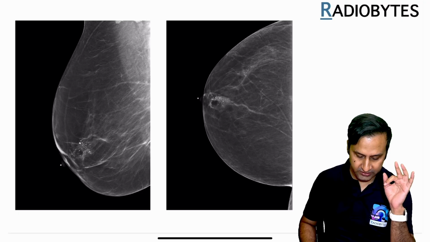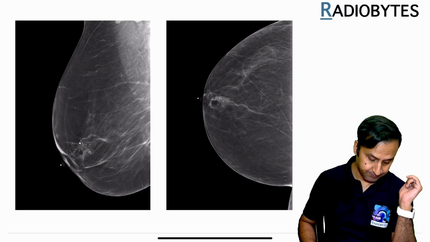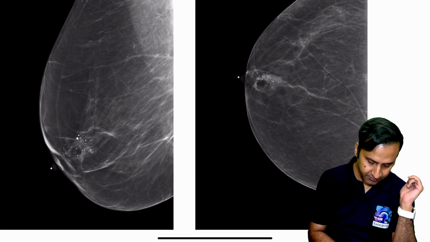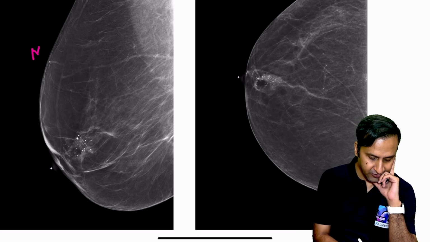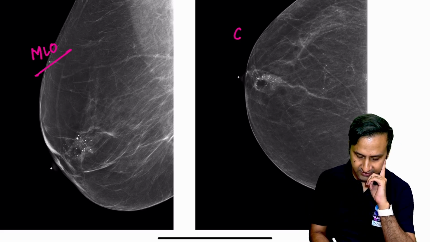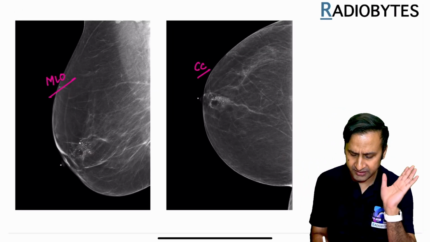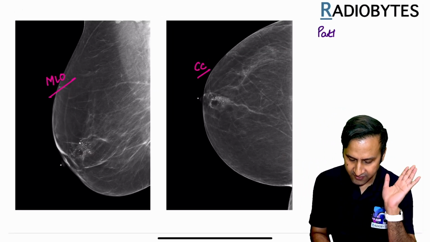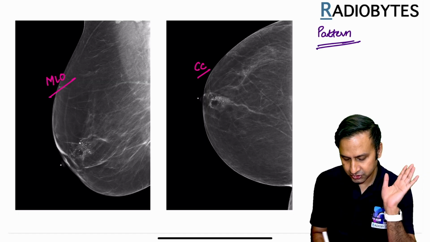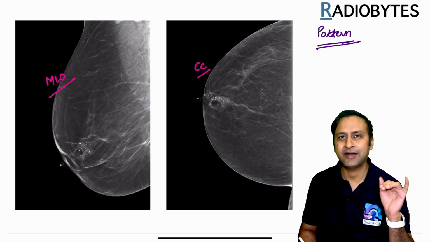Now let's have a look at this type of a calcification. What do you think it is? Let me just magnify it a bit. This is the mediolateral oblique, and this is the craniocaudal view. What do you think is the pattern of distribution? Just depending upon the pattern, I want you to answer whether this is a suspicious looking calcification or a benign looking calcification.